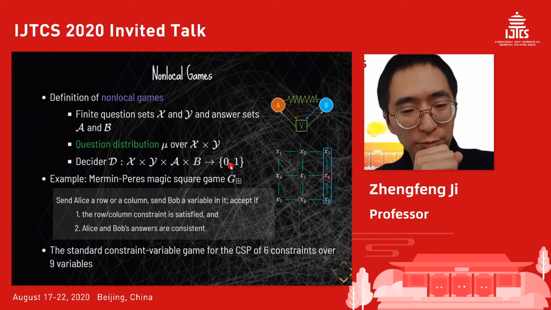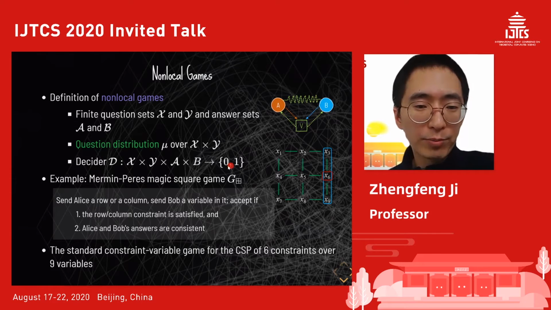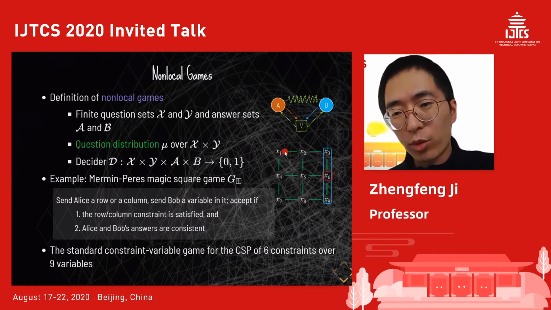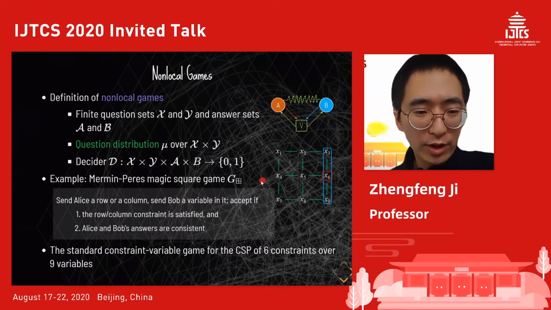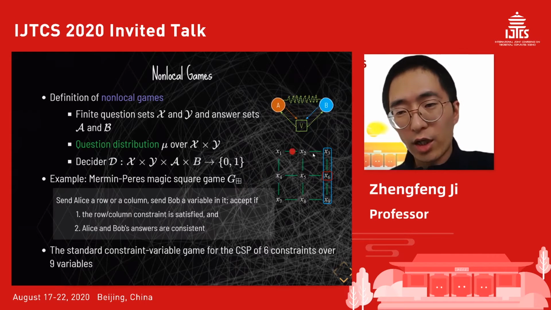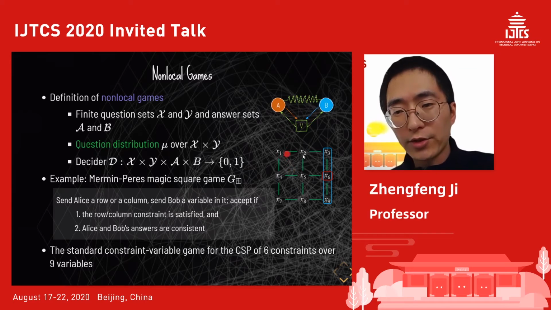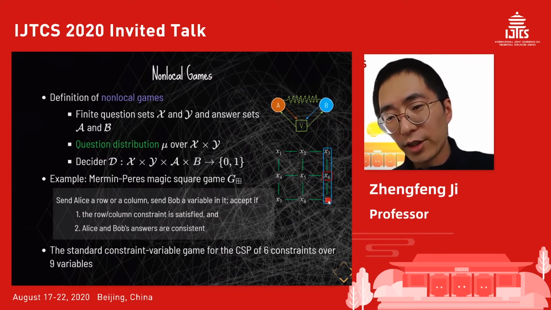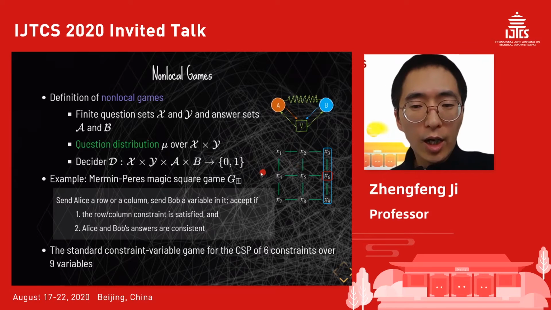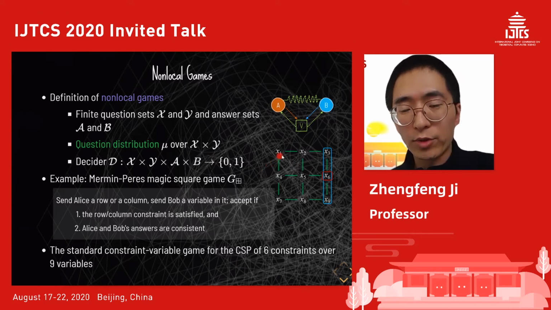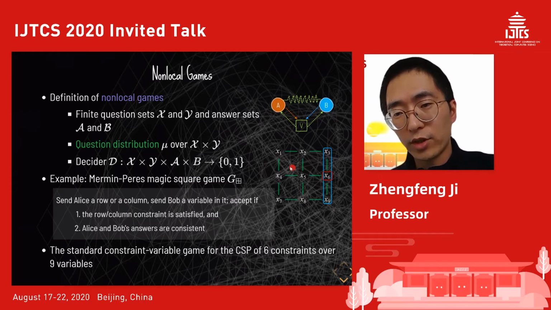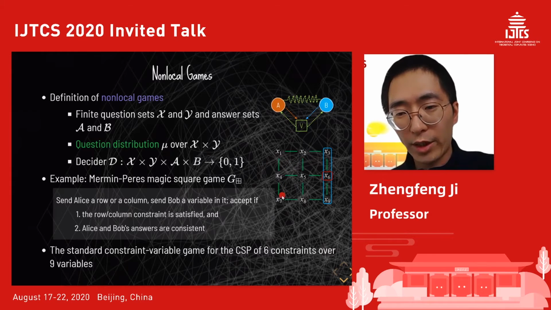To give you a very simple example, the Mermin-Peres Magic Square game is one of my favorite games. It's very elegant. So this is how we can visualize this game. It has 9 variables arranged in 3 rows and 3 columns. And this is a constraint system where each row has even parity and each column has odd parity.